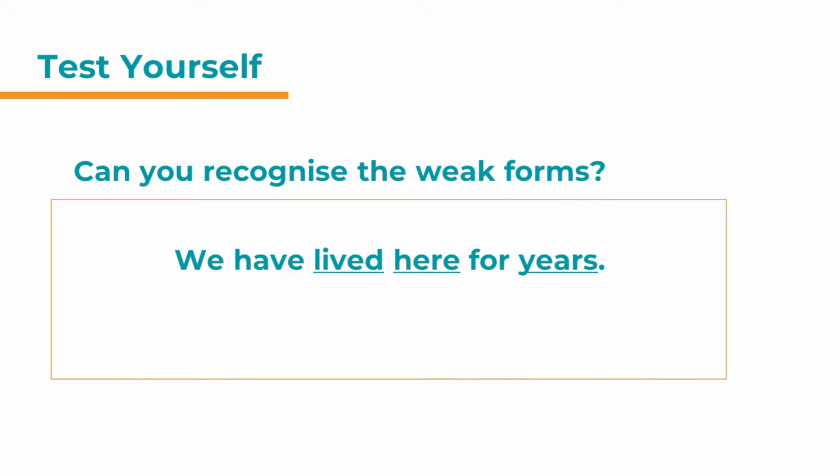Lived, here and years are stressed, so they will occur in the full form. Those are content words. The other words are not stressed and occur in their weak form. We have is likely to be contracted to we've, and for is likely to be reduced. I'll say the sentence again: we've lived here for years.